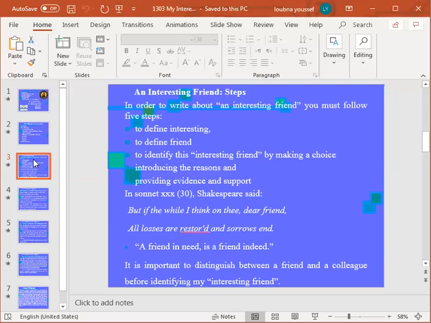But at the end of the sonnet, he says, "But if the while I think on thee, dear friend, all losses are restored and sorrows end." So this is the point of view of Shakespeare, that a friend can change a person's mood.